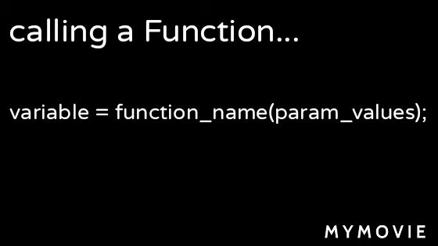If you notice, the parameter values are used instead of the parameter list because you only need the values this time. You don't need to include the data type of the parameters. Just a note: be sure that the data type of the variable and the return type of the function are the same to avoid compiler errors.